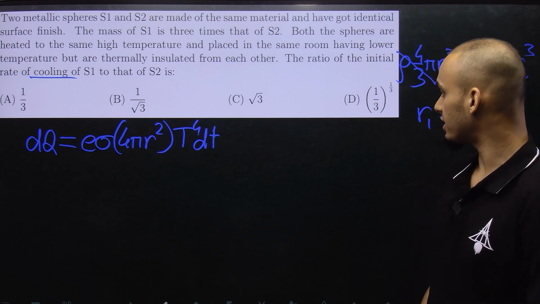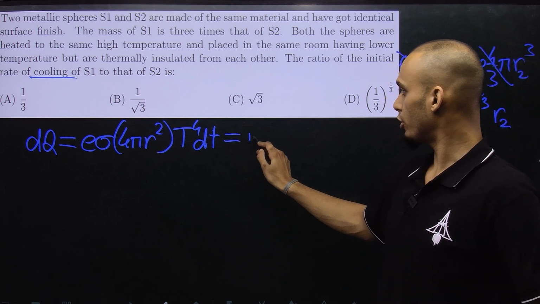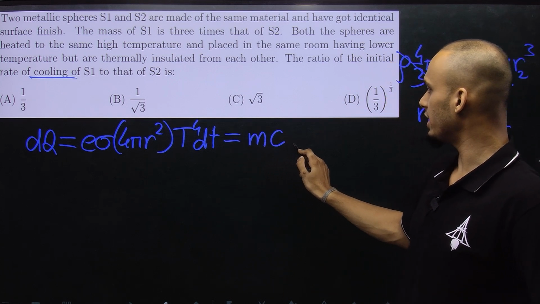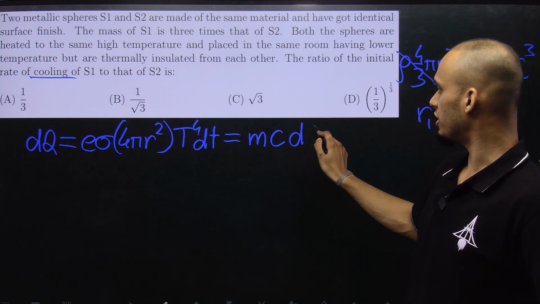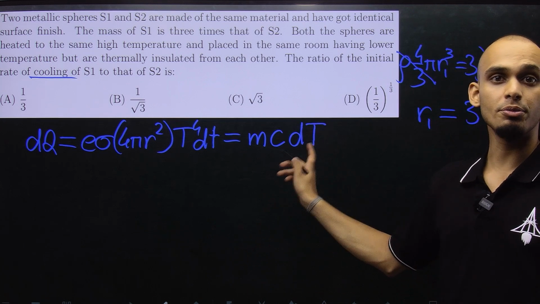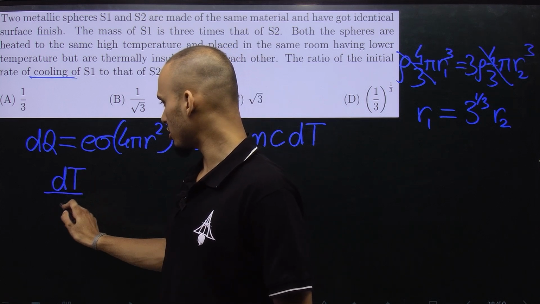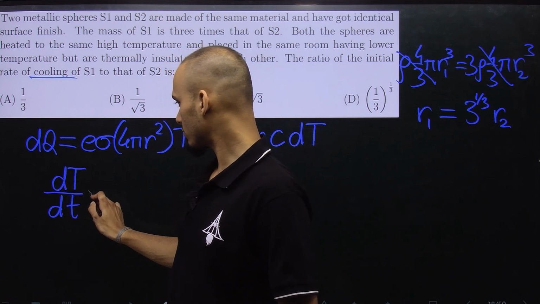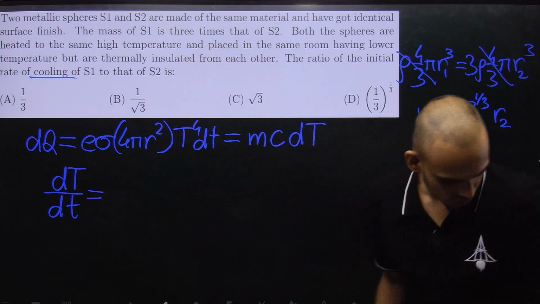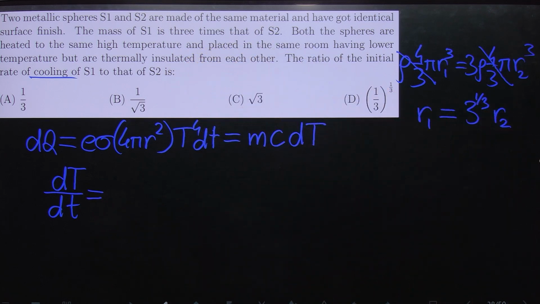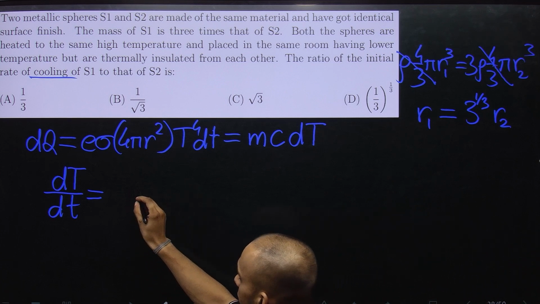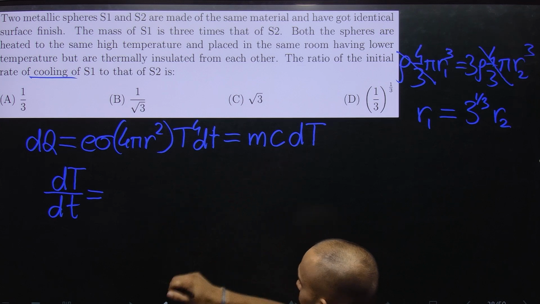And in this heat, they will lose a temperature according to mass into specific heat into change in temperature delta T. So from here we can write the rate of cooling, rate of change of temperature, to be equal to E sigma A T power 4 upon M into C.